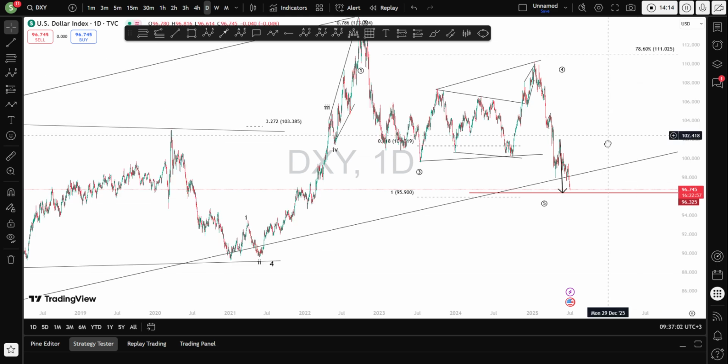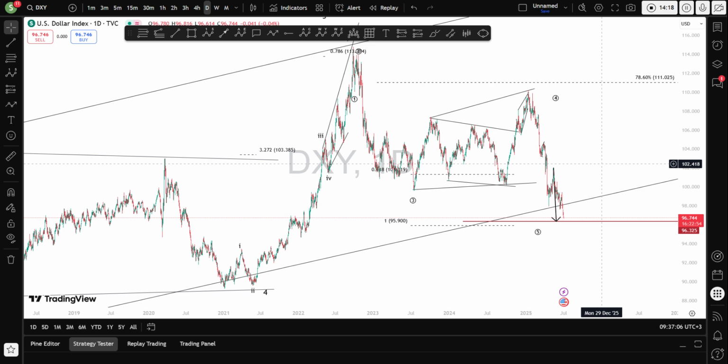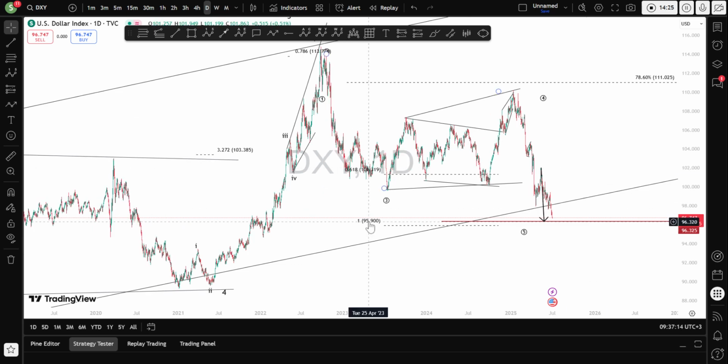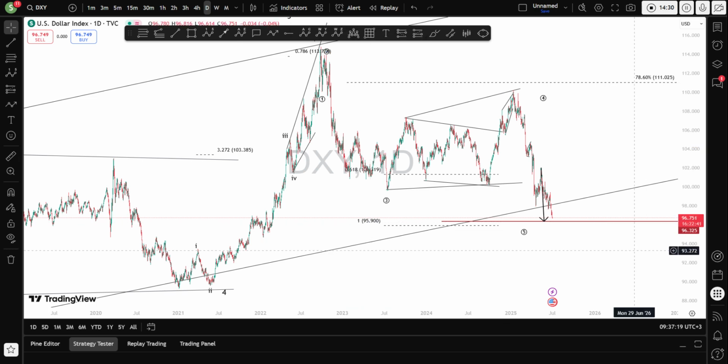We've been having this where it has formed wave 1, wave 2, wave 3, wave 4, wave 5. Wave 5 has extended to 100% level, which we anticipated to be 95.90.